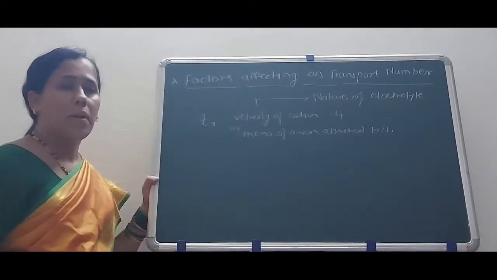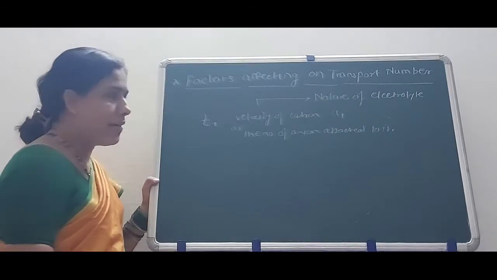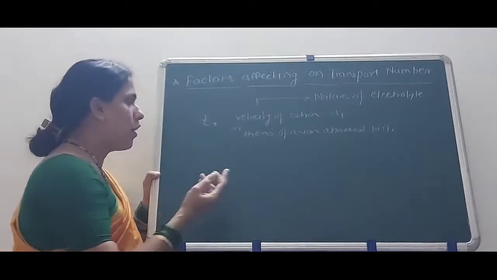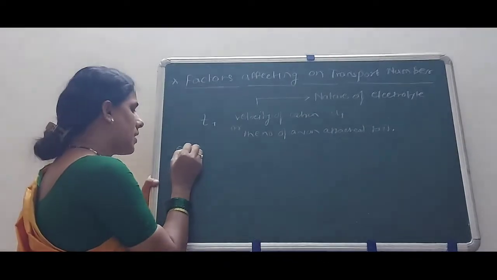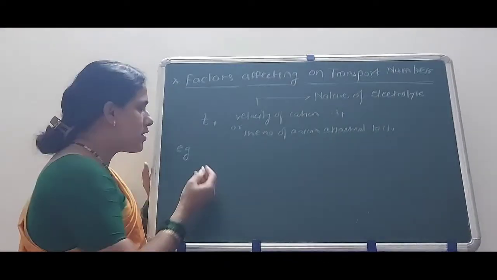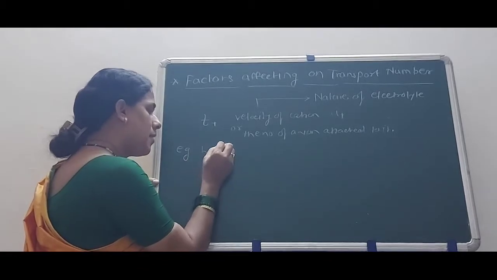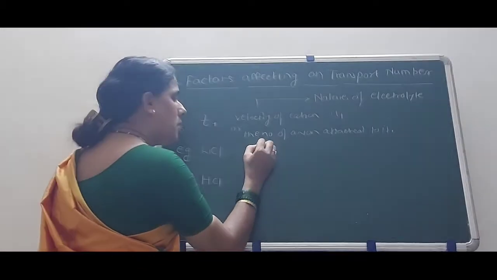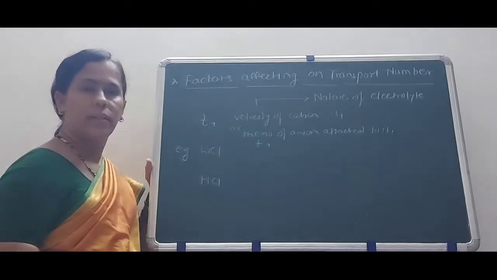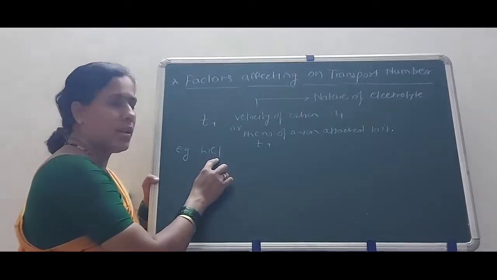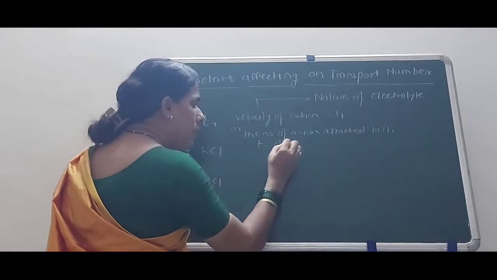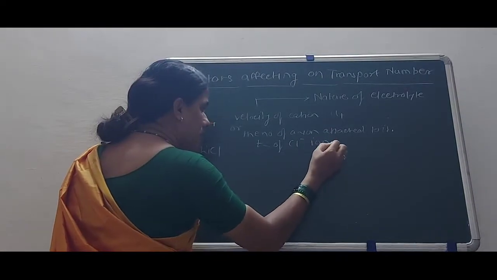Now, if a number of electrolytes are present and one of the ions is common, what happens? For example, take the electrolytes LiCl and HCl; the transport number of the Cl minus ion is as follows.